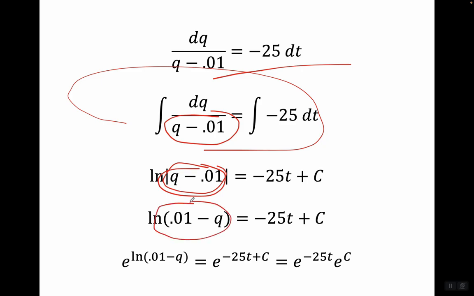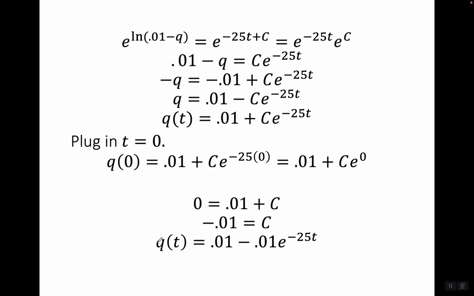We know what to do. To get Q all by itself, we exponentiate both sides, so we raise e to both sides. We get e to the natural log of 0.01 minus Q equals e to the negative 25t plus C. That is e to the negative 25t times e to the C. Okay?